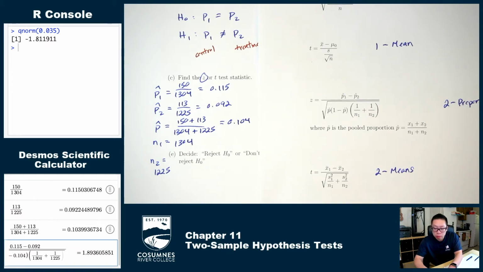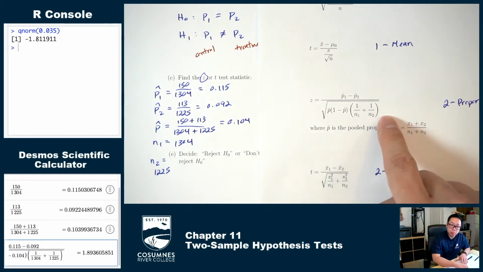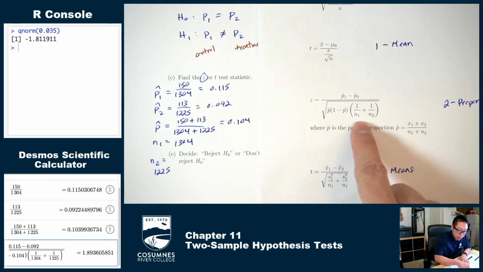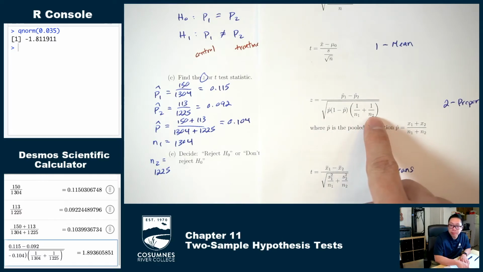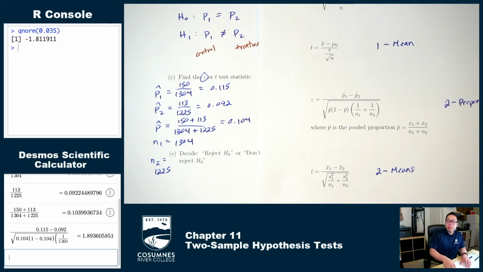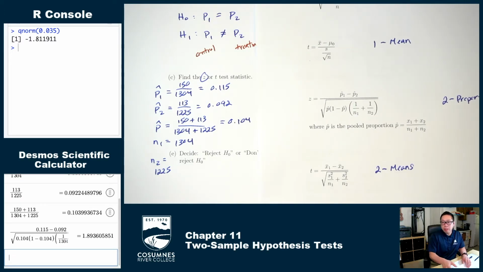And then we'll close the parentheses. Make sure what you see on Desmos looks exactly like this. In particular, make sure that the line above the square root goes across the entire P hat, 1 minus P hat, 1 over n1, 1 over n2. Once you make sure that it looks exactly the same, I'll hit enter. And we get a Z of 1.894.